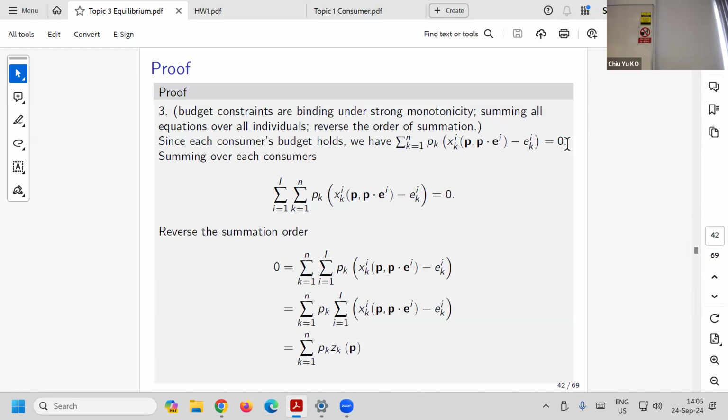Now the key is like this one. That is a little bit why we do that, because once I swap, this depends on K, I can take the K out, right? And this is defined to be excess demand, right? Because this is good K demand by I, add up together, this is excess demand. And then we go back to here.